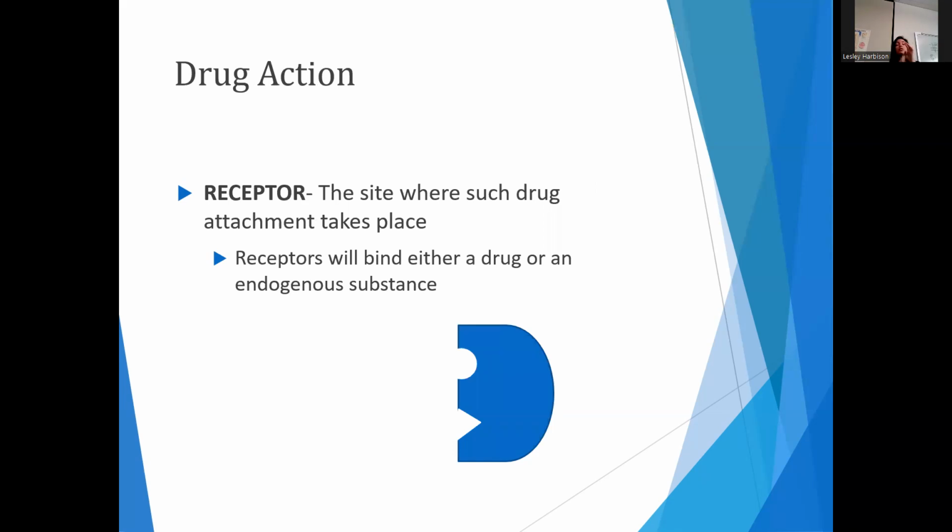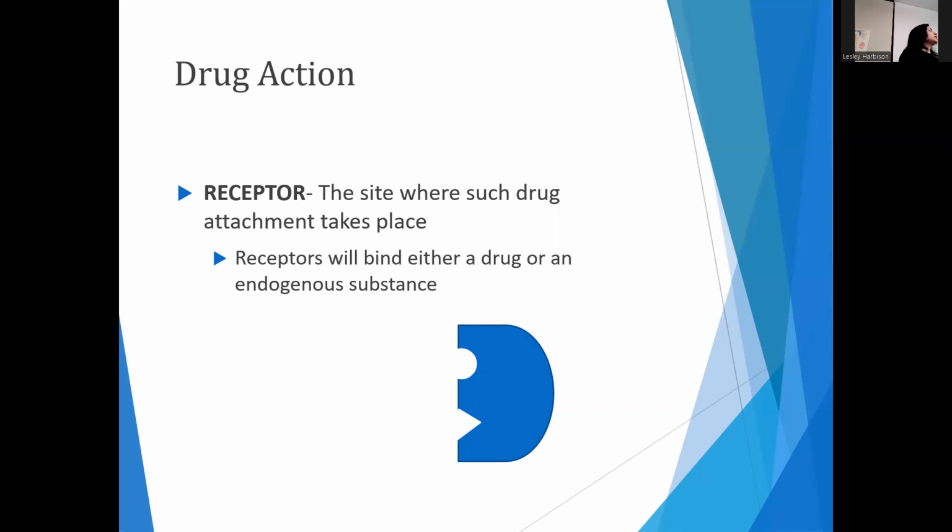We have receptor sites in our bodies, on different tissues and different organs, like your brain, your heart, your lungs, your gallbladder, your pancreas, whatever. The receptors will bind either a drug, the medication that you've taken, or an endogenous substance. An endogenous substance basically just means something that your body makes.